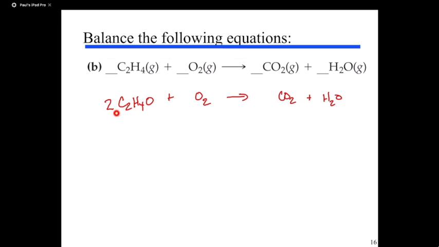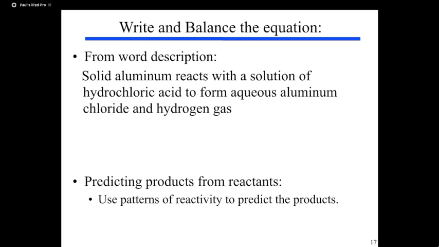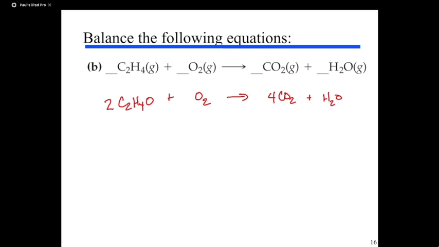How many carbons now? 4. I can make 4 on this side because it had 1 by putting a 4 in front of it. All right? Now how many hydrogens do I have? 8. On this side, I can make 8 by putting a 4 in front of it, correct? All right. Now, on this side, I have 2 oxygens plus 2.